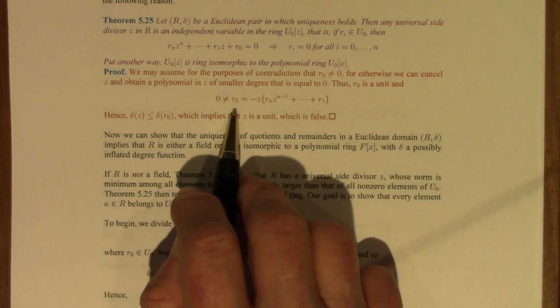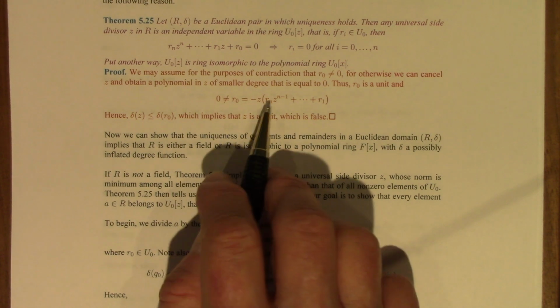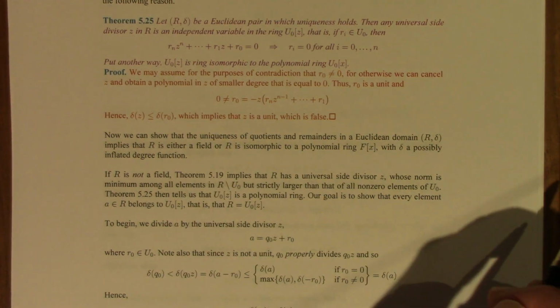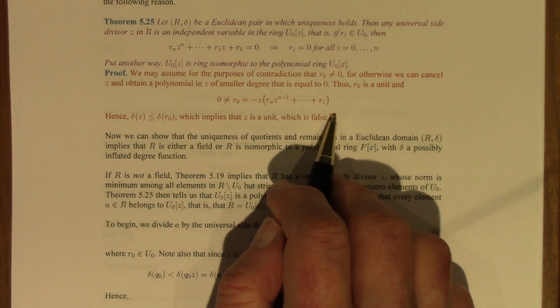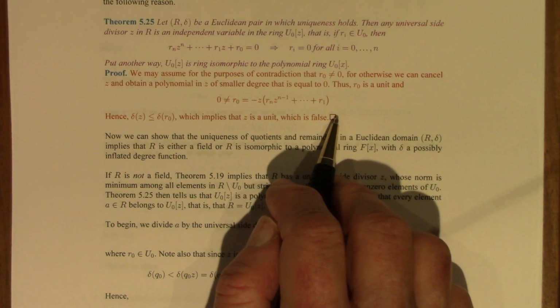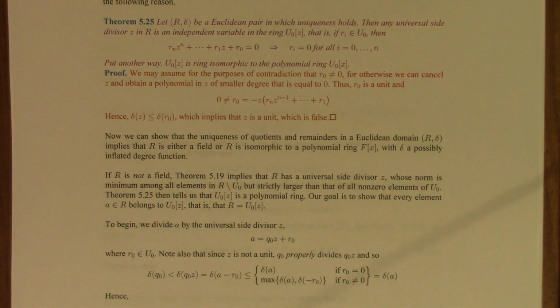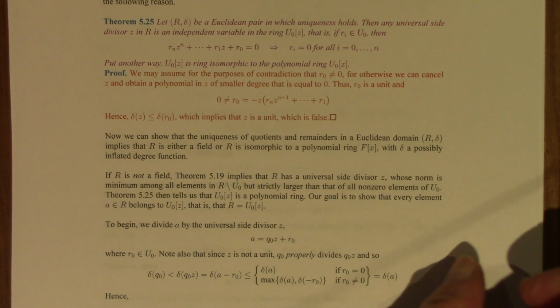Or, frankly, just looking at this, it is a unit, so Z must be a unit. And that's false, because Z is a universal side divisor, and so it's not a unit.